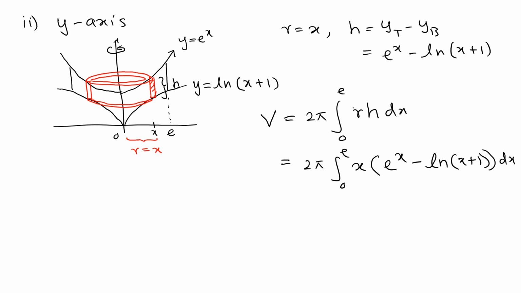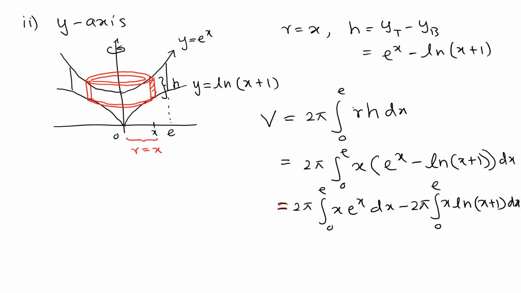And if you break it into two integrals, you're going to get 2 pi times the first integral, 0 to e, x e^x. That's a typical integral that you normally do using integration by parts. The second one is 2 pi, 0 to e, x (ln x plus 1) dx.